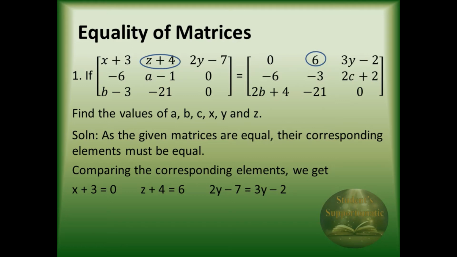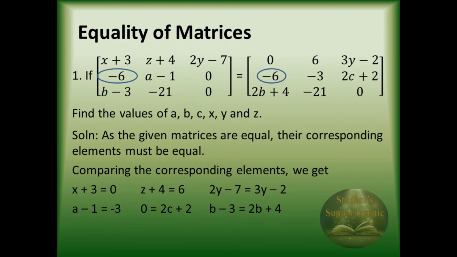Second, z plus 4 is equal to 6, and third, 2y minus 7 is equal to 3y minus 2. Next, minus 6 is equal to minus 6, the elements are the same. Next, a minus 1 is equal to minus 3, and 0 is equal to 2c plus 2. b minus 3 is equal to 2b plus 4, and minus 21 is the same as minus 21. 0 is 0, they are equal.